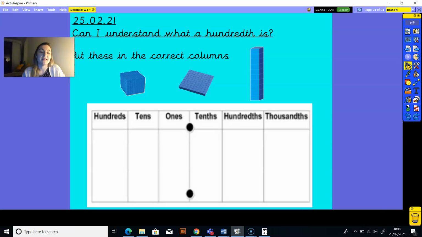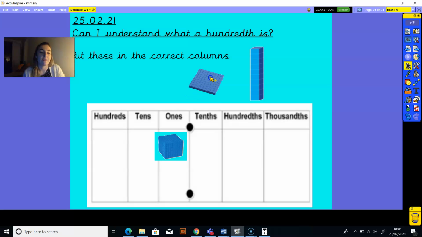So have a go at popping these in the correct columns based on what we've just said. Pause the video if you want to have a go on your own. Otherwise, you can have a go with me now. So here we have got our whole number. Okay, and remember how we say whole numbers, they go to the left of the decimal point. So that's going to go in our ones column. Okay, so we've got one whole here.